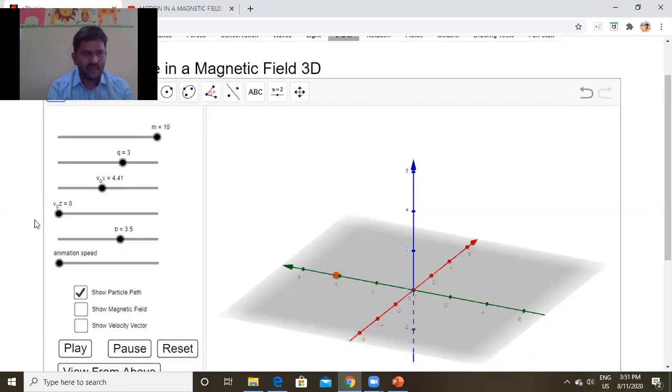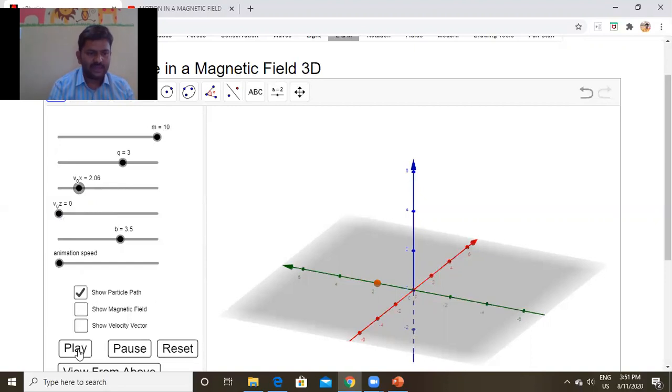Along these two axes, if we change the velocity, what happens? We'll see. Initially, I am keeping the velocity along the z-axis as 0, and I am giving a certain value for the velocity along the x-axis. I am giving 2 meters per second, let us say.